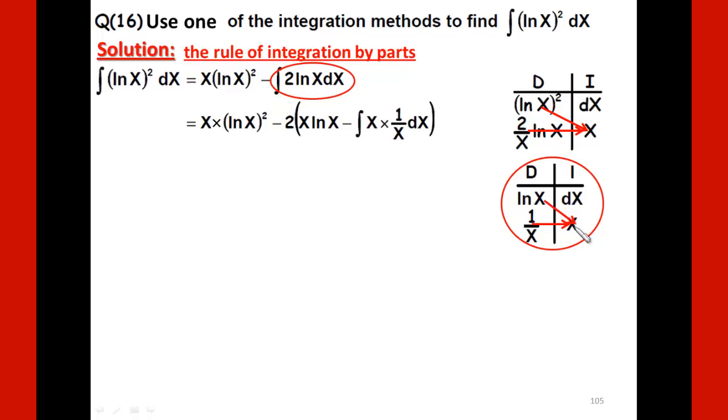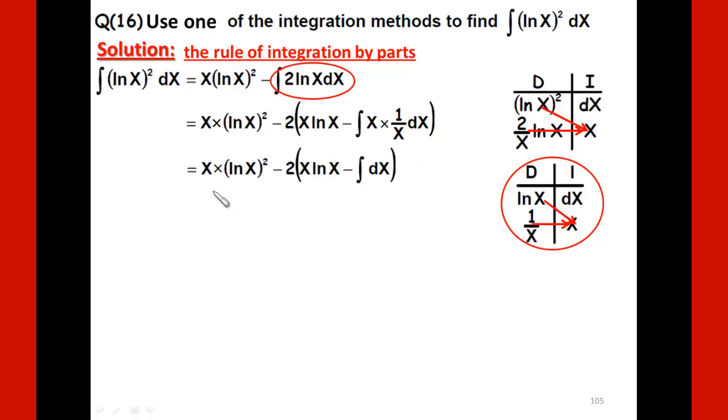First, x multiply ln x, we write it, minus the product of x multiply 1 over x, minus the integration of the product of x multiply 1 over x. So we have minus integral of x multiply 1 over x dx, and we simplify.